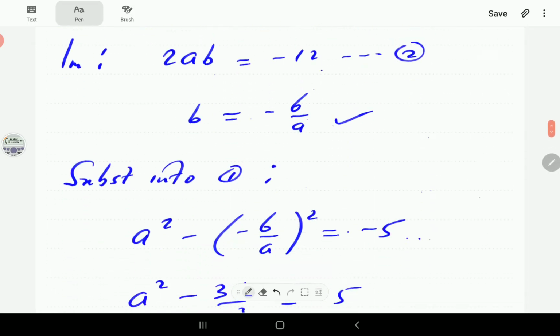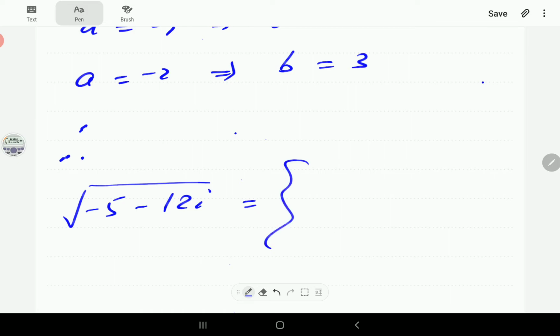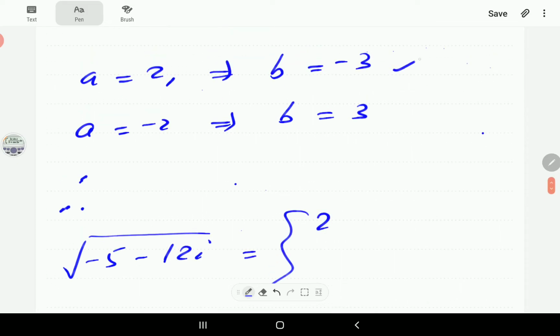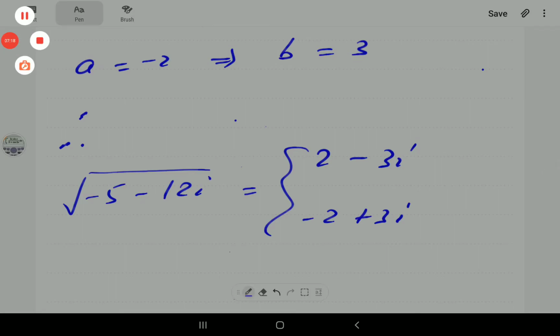Therefore, the square root of negative 5 minus 12i is equal to 2 minus 3i, or minus 2 plus 3i. Again, notice that this is the negative of that, something that we mentioned in the previous video. So that is the first method.